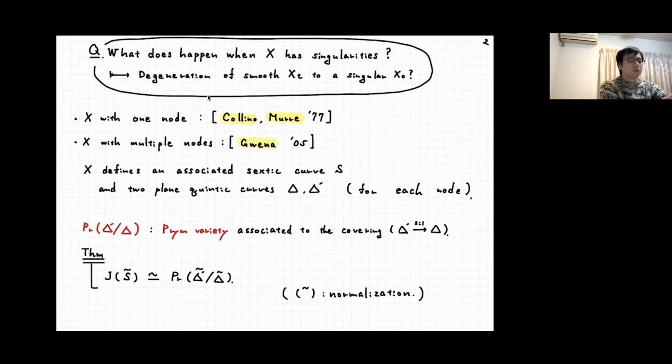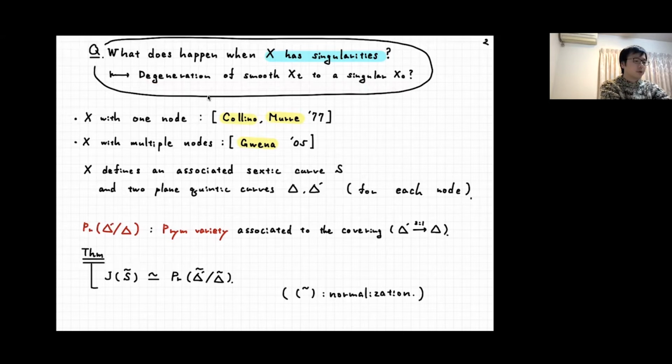So, by generalizing this observation about smooth cubic threefolds, one of the natural questions is: what happens when X has singularities? If we can observe some information of the cubic threefold with singularities, we can also construct a kind of theory of the degeneration of smooth X_t to a singular X_0.